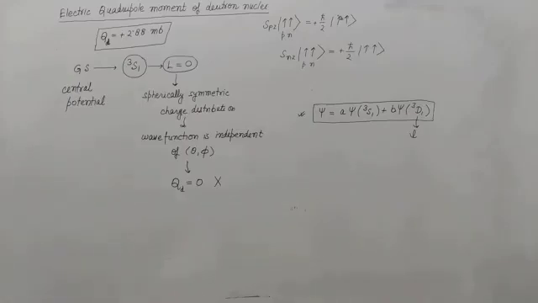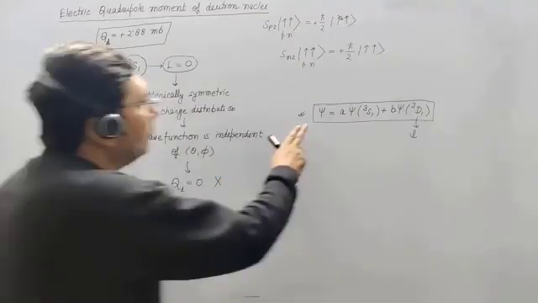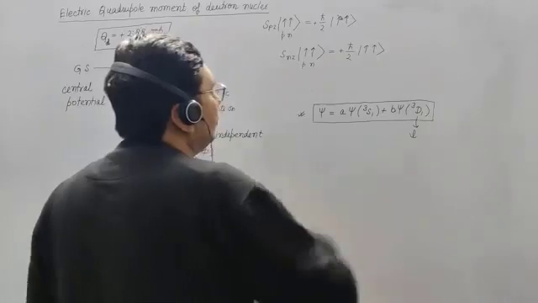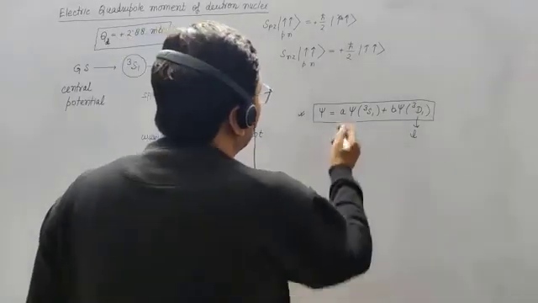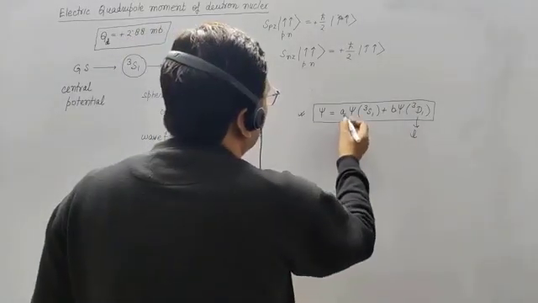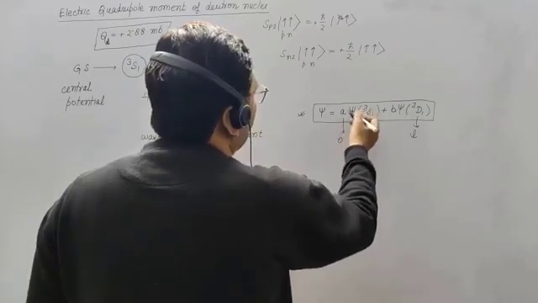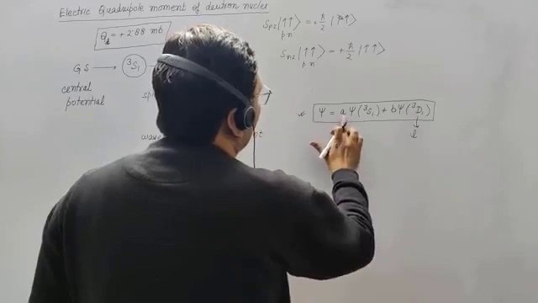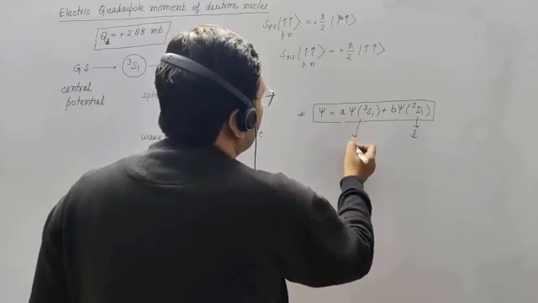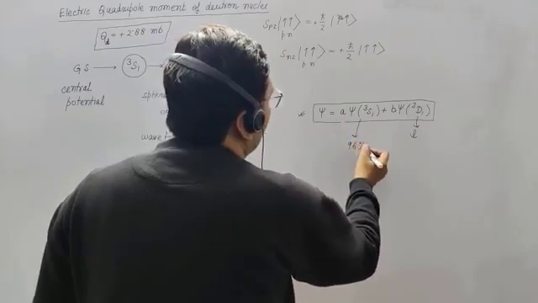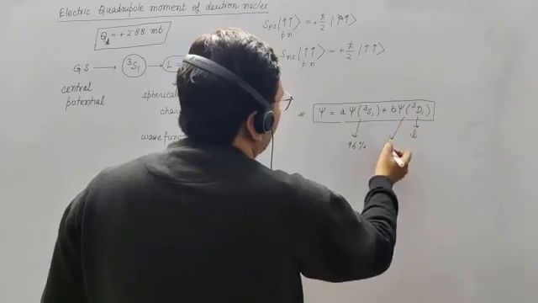If we consider that the ground state of the deuteron is the admixture of these two states, then in the numerical part one can calculate that the probability of this state is 96% and the probability of this is 4%.